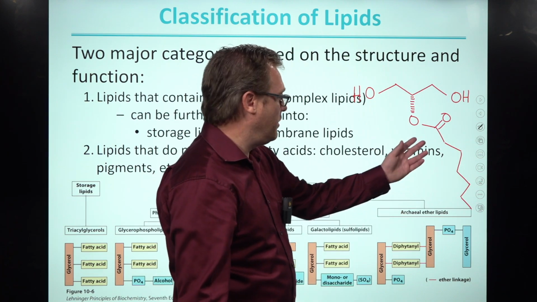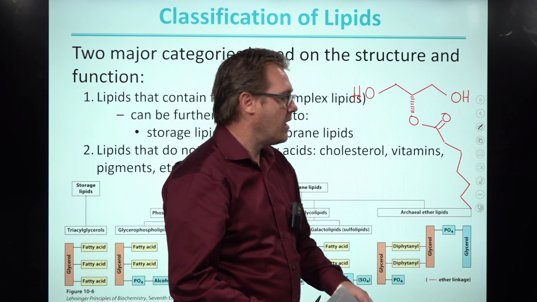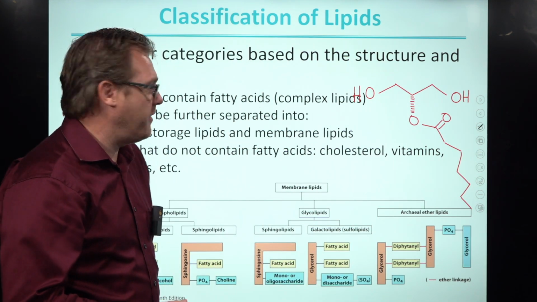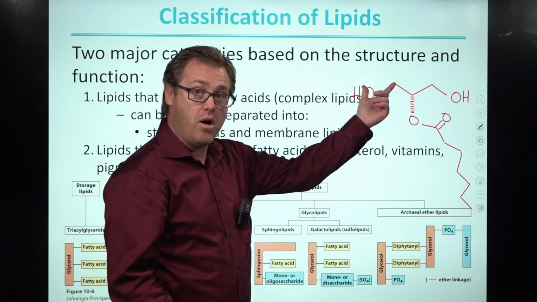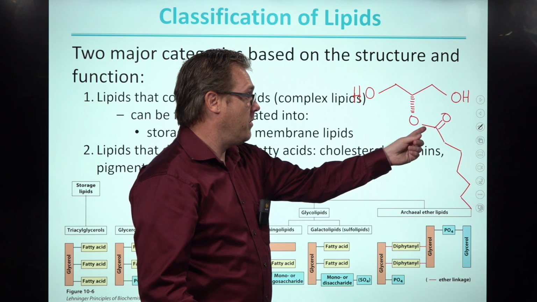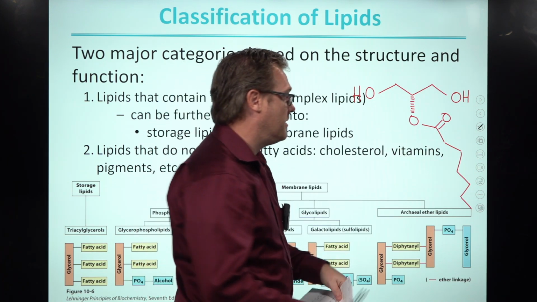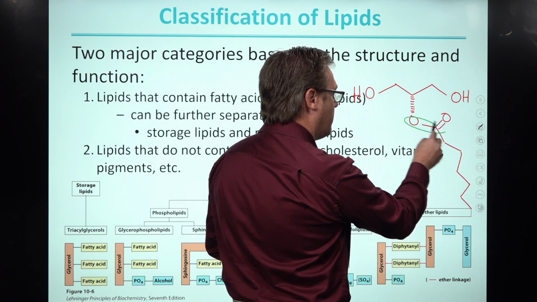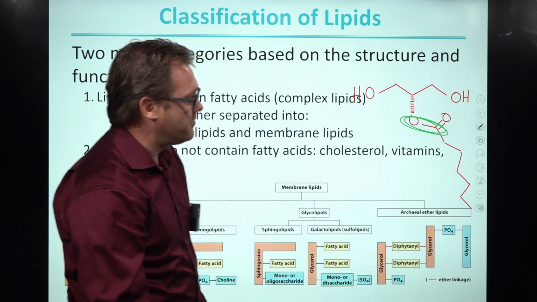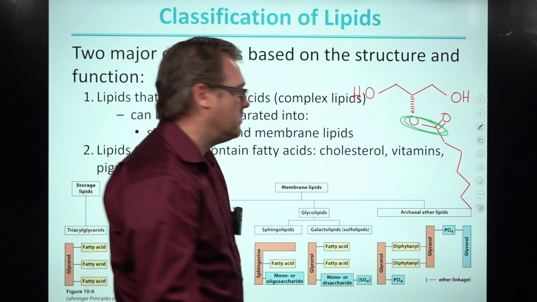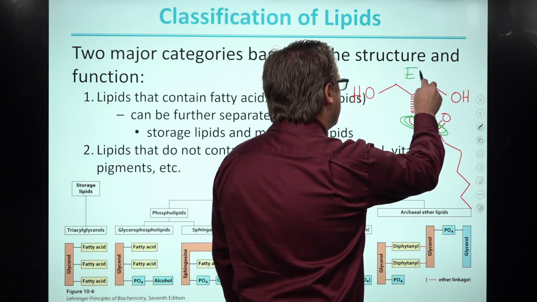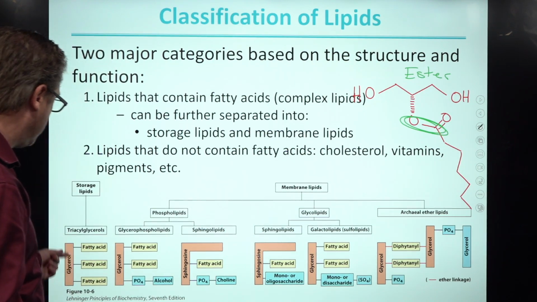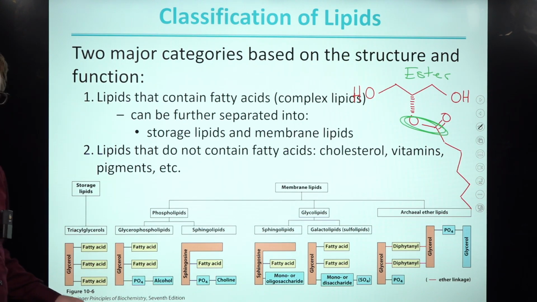The chain will continue to go on and on, well, within limits. But what type of linkage did we form to the glycerol molecule with this fatty acid? What is that linkage right there? That would be an ester. So we have ester linkages when we make the triacylglycerols.